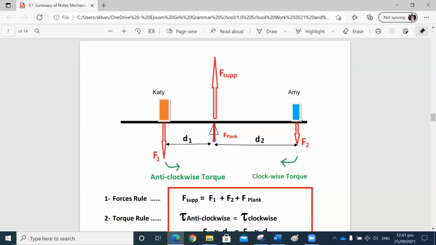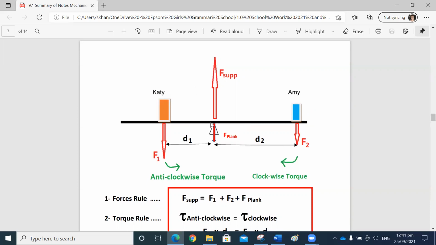So let's see what the upward forces and downward forces are first. The weight force of Amy will be acting downward, the weight force of Katie will be acting downward, and the weight of the seesaw or the plank will be acting downwards also. So these are the three forces acting downwards. There would be a support force applied by the pivot, and that will be upwards.